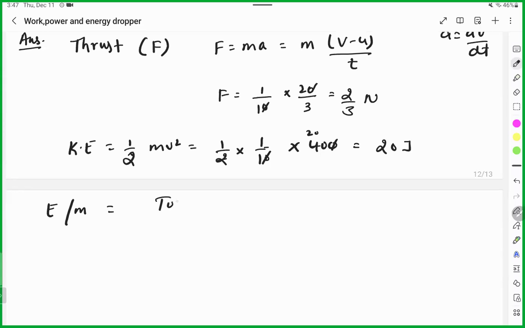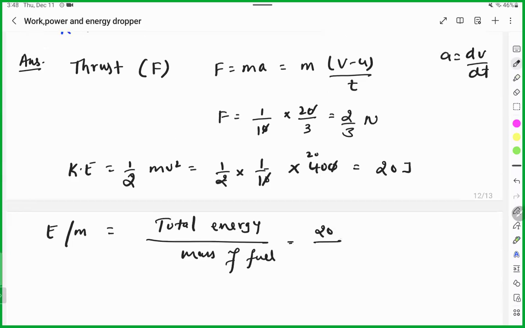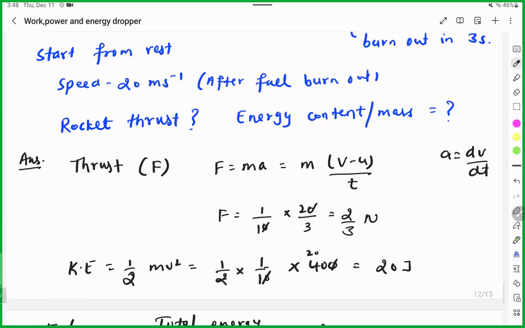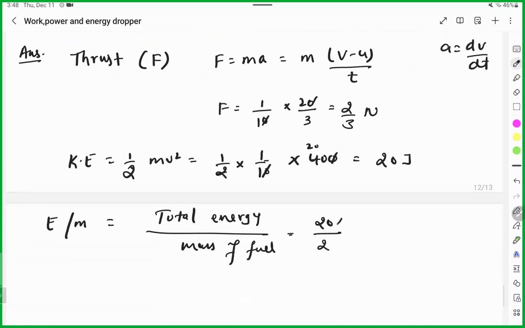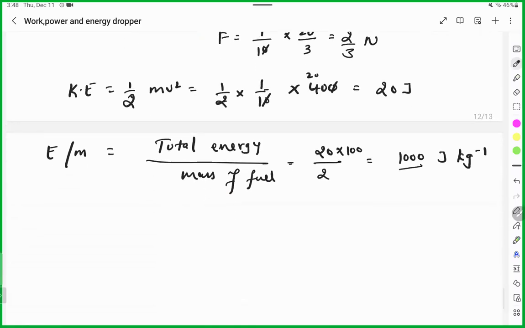Total energy divided by total mass of the fuel. What is the total energy? 20 joule. What was the mass of the fuel? 0.02. So 2000 joule per kg. Tell me any doubts? No, sir. Done.